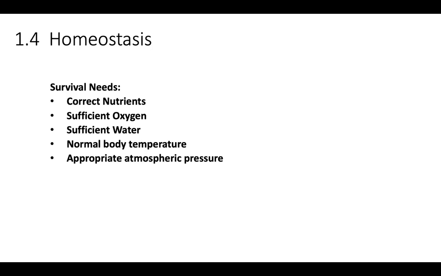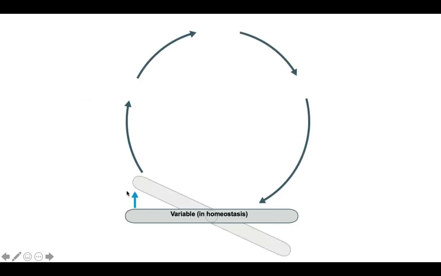You can imagine that if my blood pressure is not sufficient, then I'm not going to be delivering the nutrients and the oxygen the way my body needs it. So these are all part of surviving.